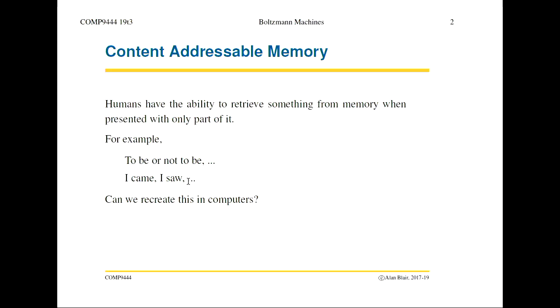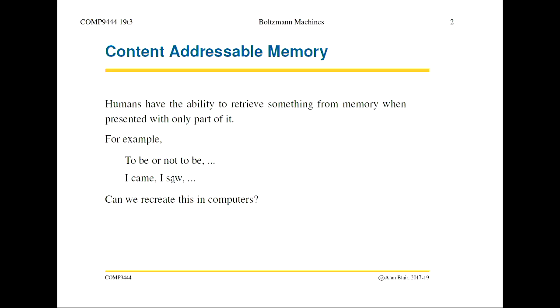So the question is, can we try to recreate this in computers, with content addressable memory? If this is the start of the thing, something's stored in there and you're trying to retrieve it. Later on, we'll see how we could try to generalize this.